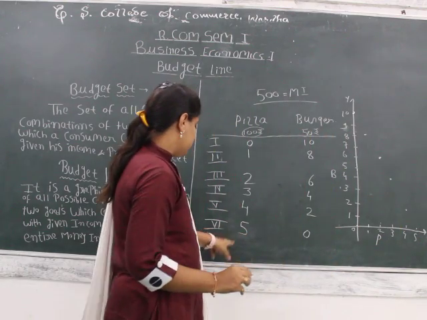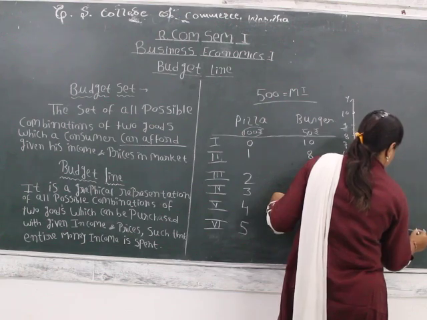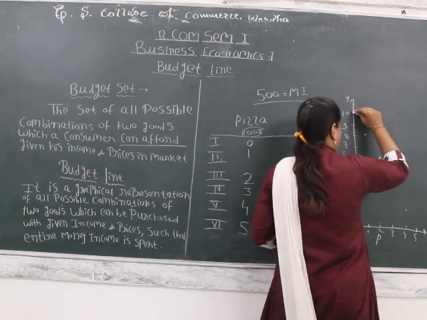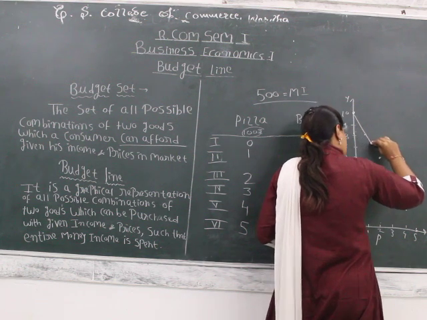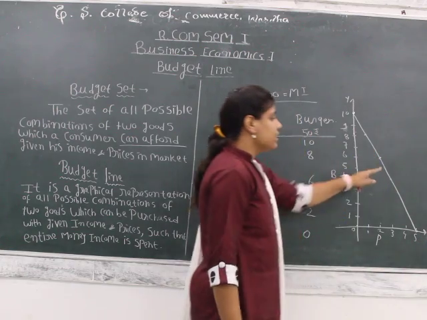And another combination is 5 pizza and 0 burger. So the point is going to be here. And when we draw a line joining these points, it will be known as the budget line.